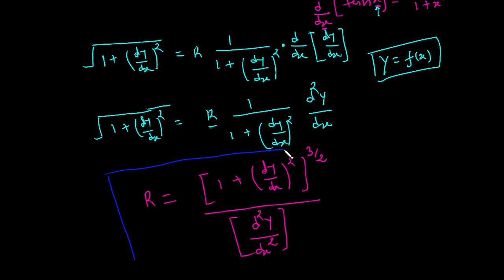Now if we are given an equation, which is simply y, we can take the first derivative, also find the second derivative, and put them in this equation. If we want to find the radius at some particular point, let's say x comma y, I put the values of x and y in this equation, and I get the radius r at my selected point.